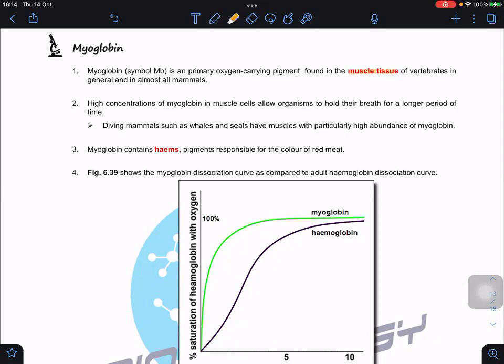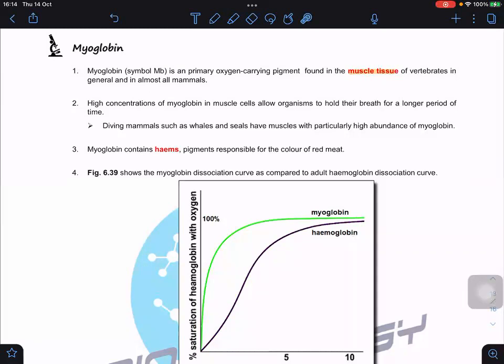Are you clear? Myoglobin is a primary oxygen-carrying pigment found in the muscle tissues of vertebrates in general and almost all mammals. This myoglobin is particularly high in cardiac muscle.